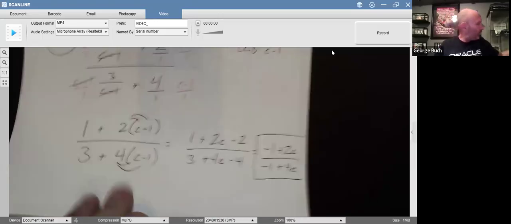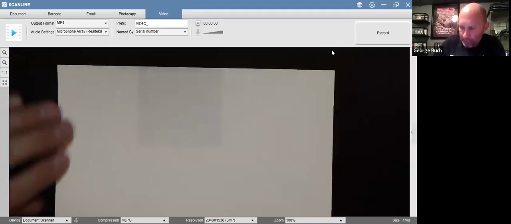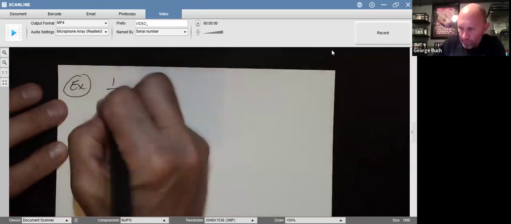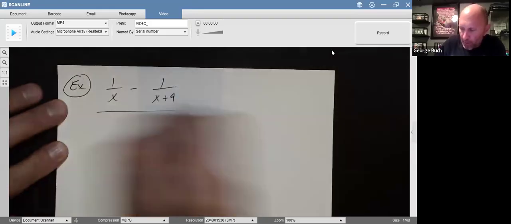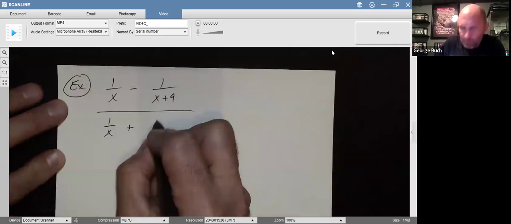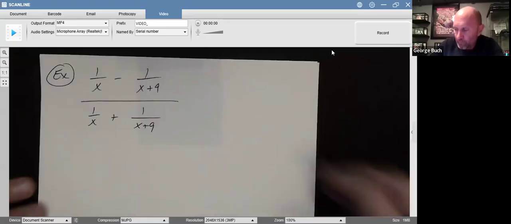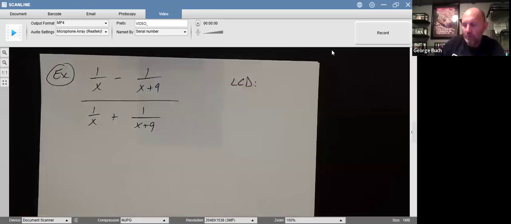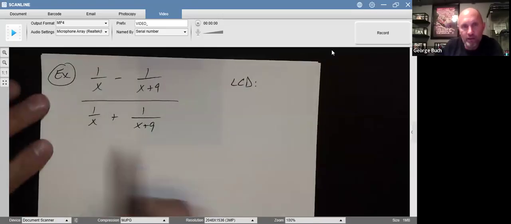All right. What if we have 1 over x minus 1 over x plus 9, divided by 1 over x plus 1 over x plus 9? So my LCD is what? Well, I have an x here and an x here, so I need an x in my LCD.